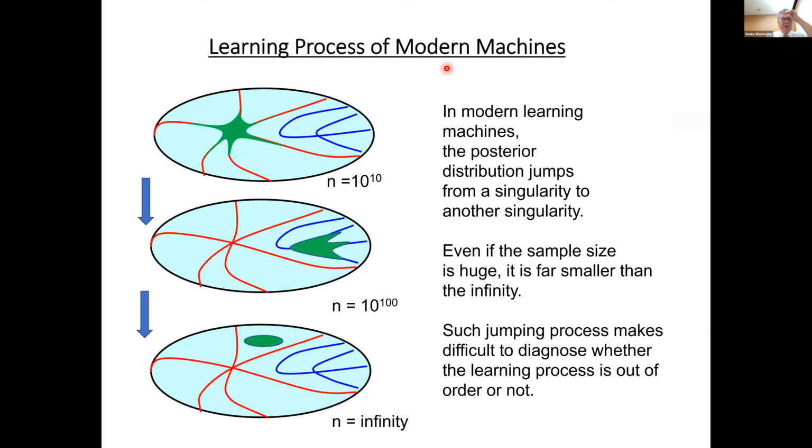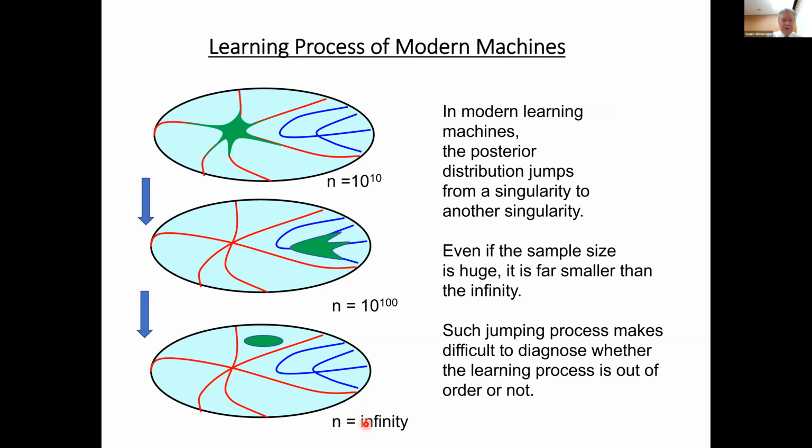This is a learning process of a modern learning machine. In a modern learning machine, the posterior distribution jumps from a singularity to another singularity. Here, this is a sample size, and this is a sample size, and this sample size is equal to infinity. In this case, you can find the posterior distribution here, near a singularity, and you can find the posterior distribution here, near another singularity.